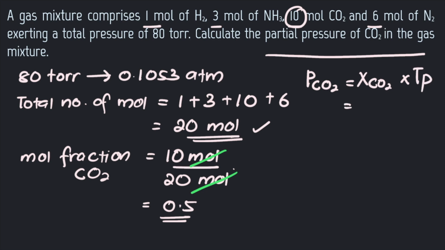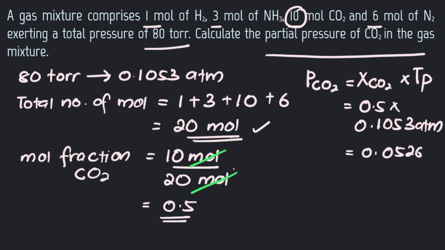So the mole fraction is 0.5 times the total pressure, which we already converted just now, is equivalent to 0.1053 atm. Therefore, your partial pressure for carbon dioxide is equivalent to 0.05265 atm. So this is the final answer for the third question.